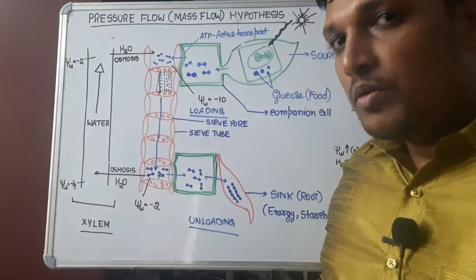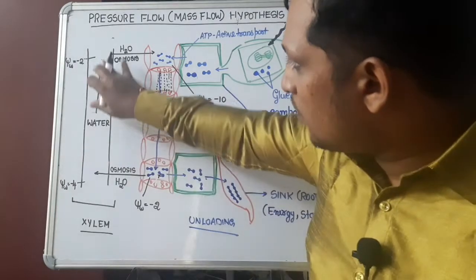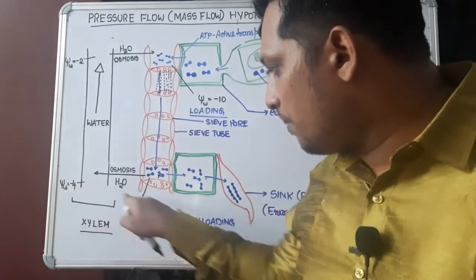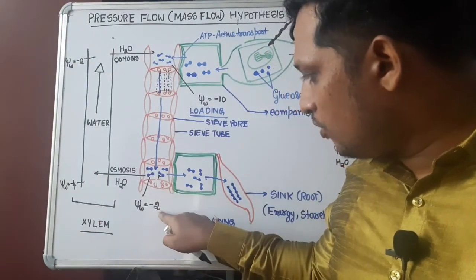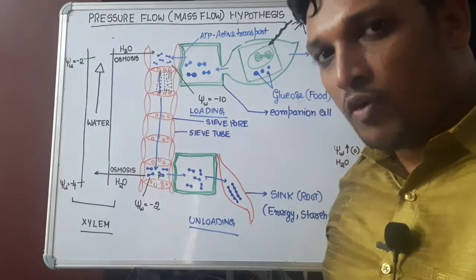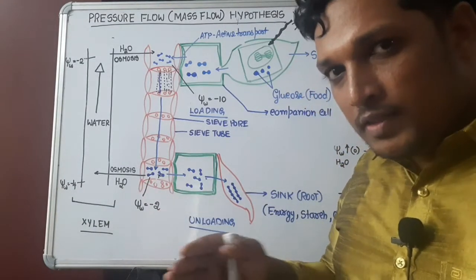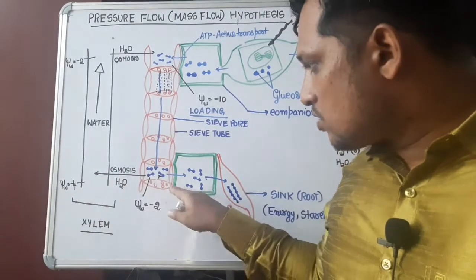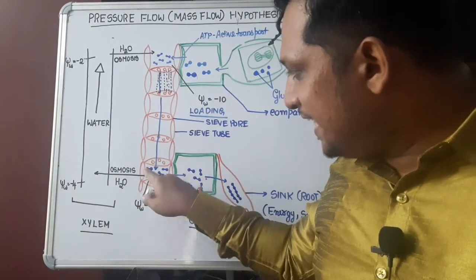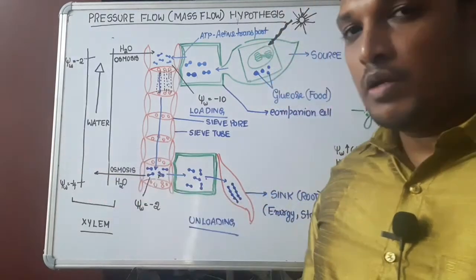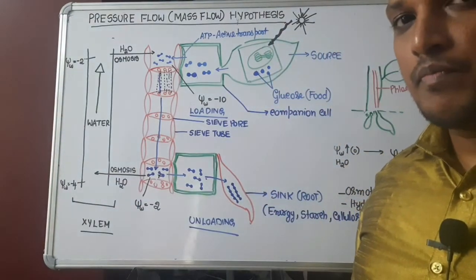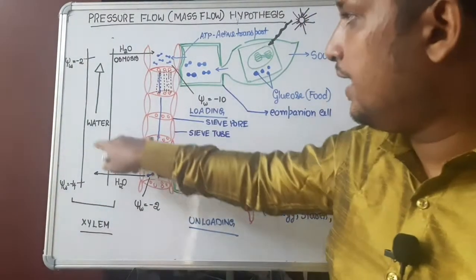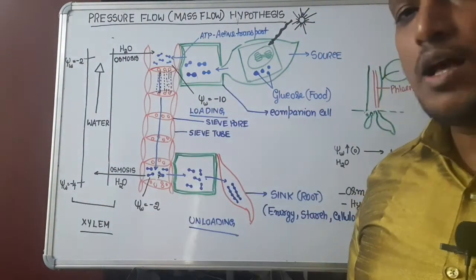Why low? Because water molecules have been removed from the xylem, that's why water potential is low. Now compare: in the sieve tube -2, in the xylem -4. Near to 0 means a bigger value, -2 is bigger, -4 is smaller. So water leaves the sieve tube and goes back to the xylem from higher water potential to lower water potential, and again the cyclical process will occur.